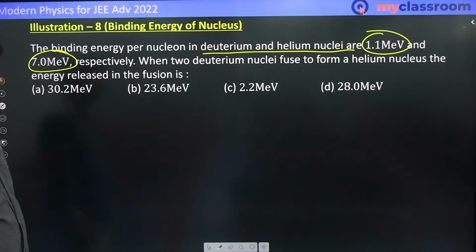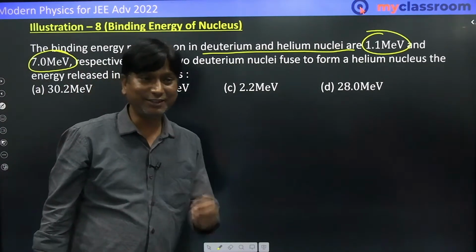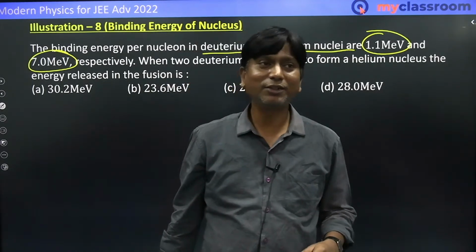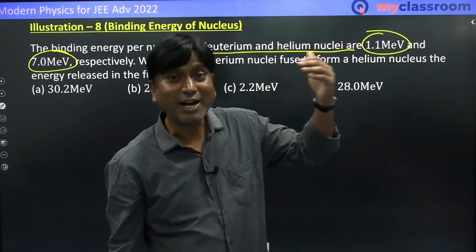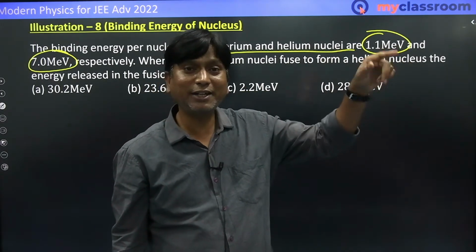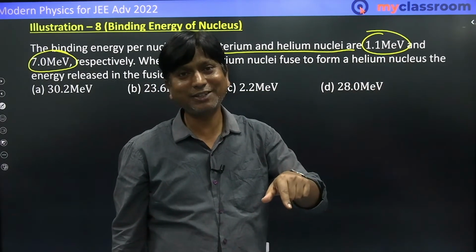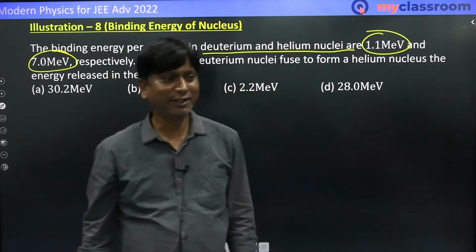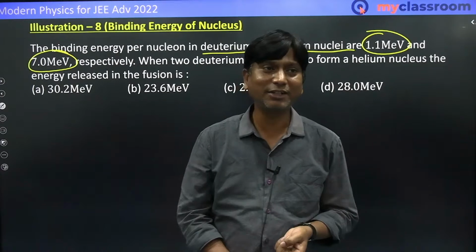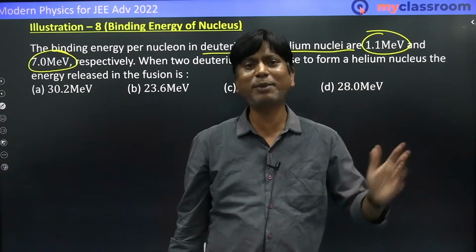See, the concept of binding energy is very, very tricky. Whenever the total binding energy of the RHS is greater than the total binding energy of the LHS, then energy will be released. Two types of nuclear equations are there: one regarding the masses, one regarding the binding energies.